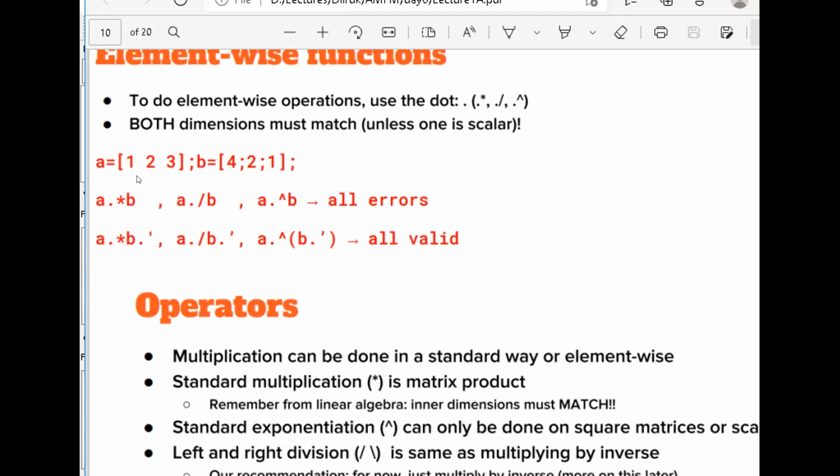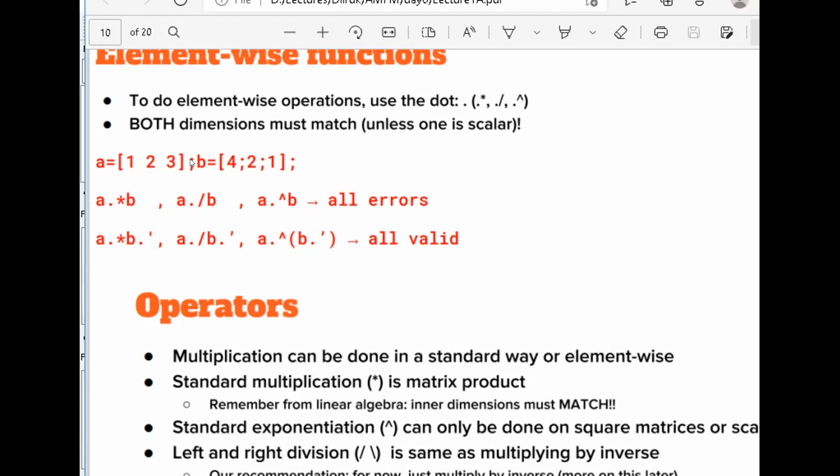So here, this is a row vector. This is a column vector. If you type in this way, you get an error message. But you have to transpose this one. When you take the transpose of the row vector, it becomes a column vector. This is a column vector.